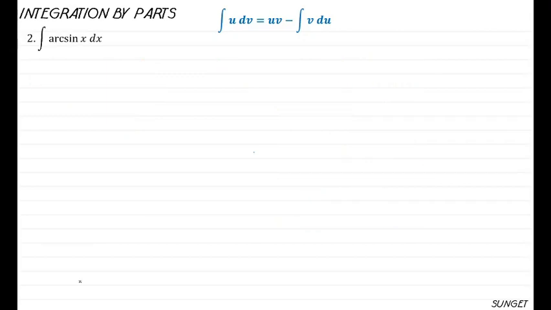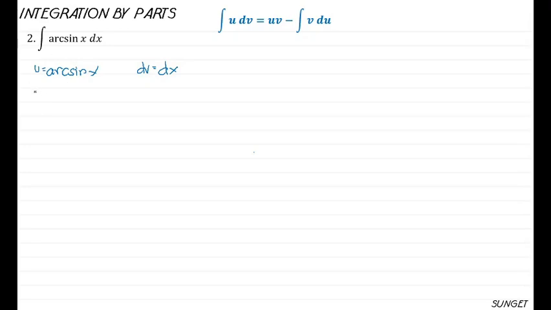Number 2, evaluate the integral of arcsin x dx. So we're going to use integration by parts to evaluate this kind of integral. So let u equal to arcsin x, and the dv part will be the dx.